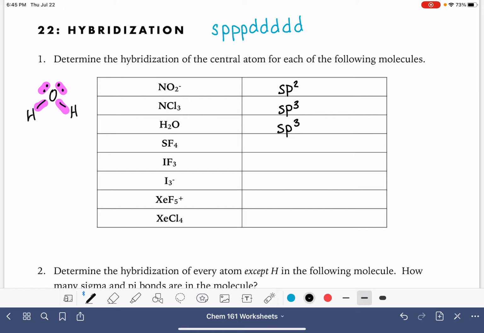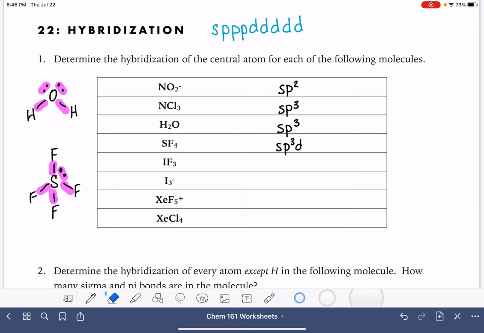Next we have SF4, and that Lewis structure, again, I'm leaving out a lot of lone pairs. That Lewis structure looks like this, and we only need to look at the central atom. We have 1, 2, 3, 4, 5 areas of electrons. We need 1, 2, 3, 4, 5 orbitals. That's going to be s, 3 p's, and a d orbital.